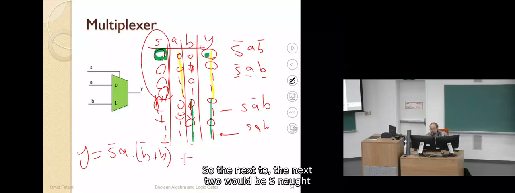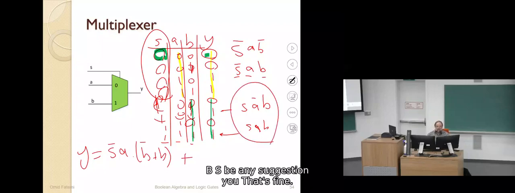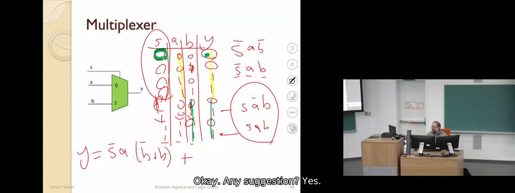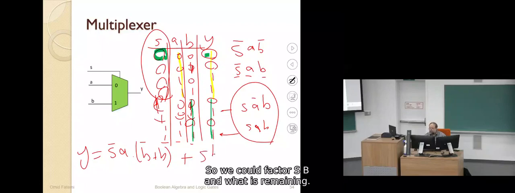So the next two would be S A naught B, S A B. Any suggestion? S A naught B plus S A B. What are the common terms here? S, B, and also S. So we could factor S, B, and what is remaining?